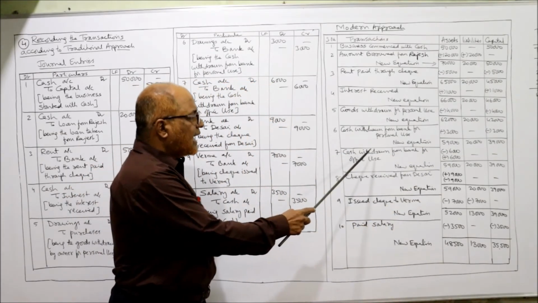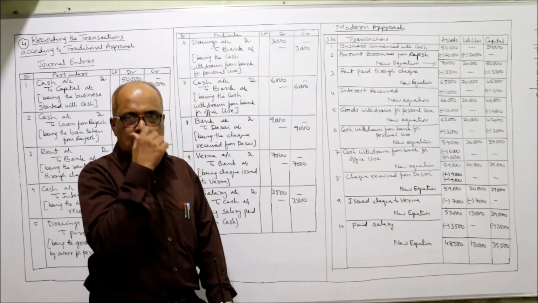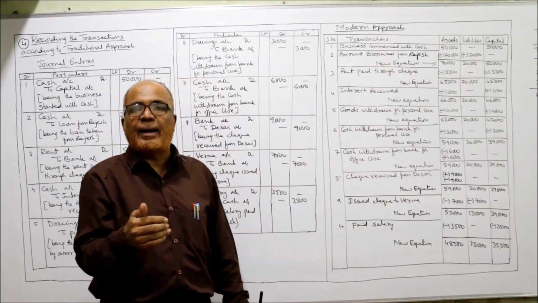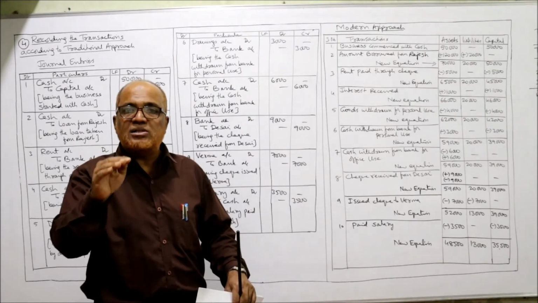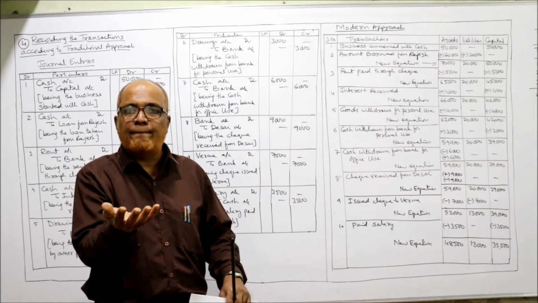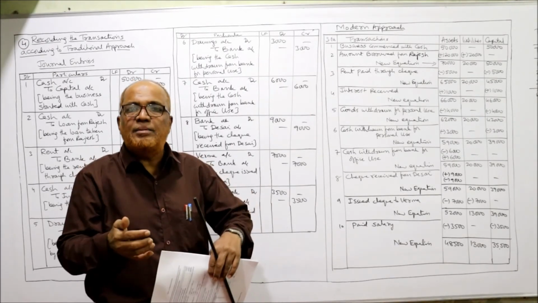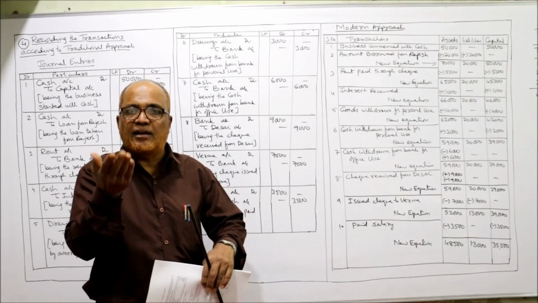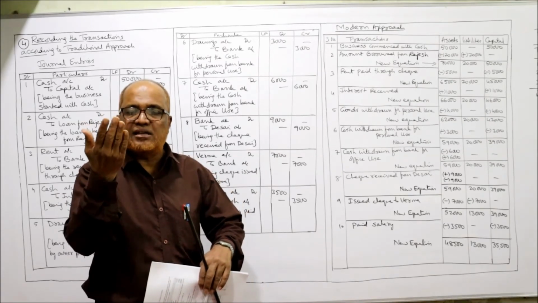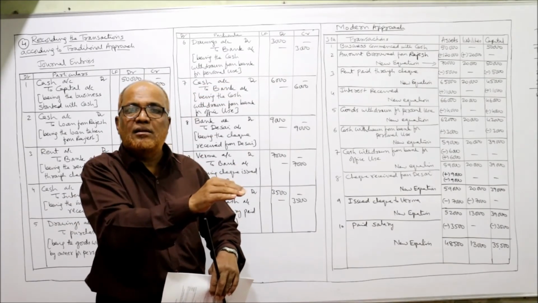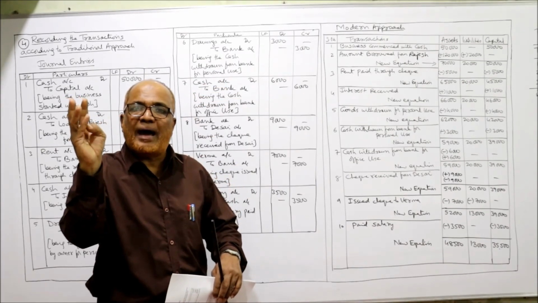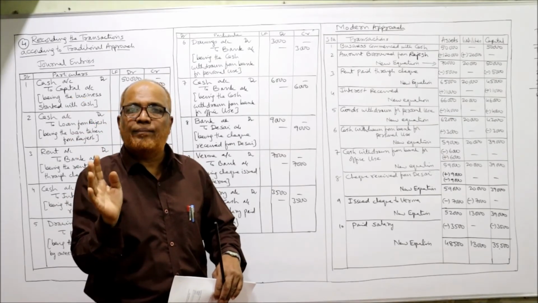Now the seventh, cash withdrawn from bank for office use. That means our bank balance will decrease. Cash is coming into the business, so our assets will increase. At the same time, bank balance decreases.